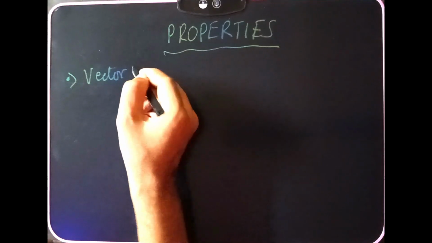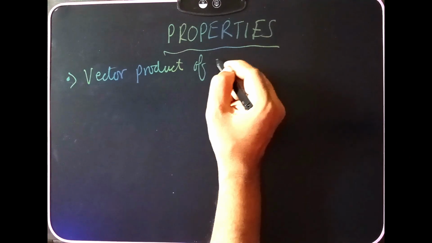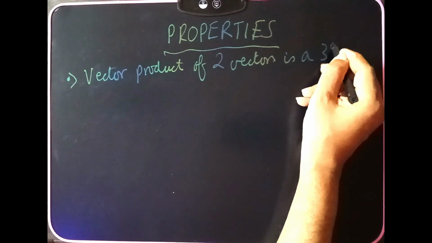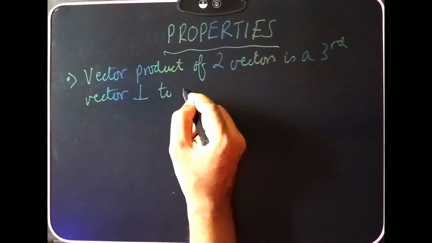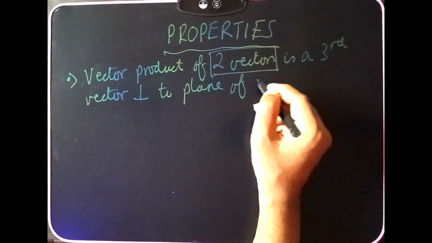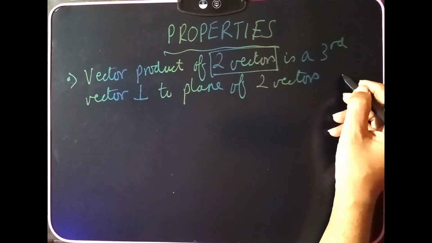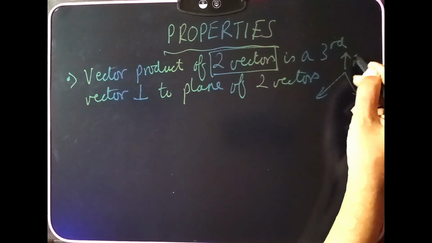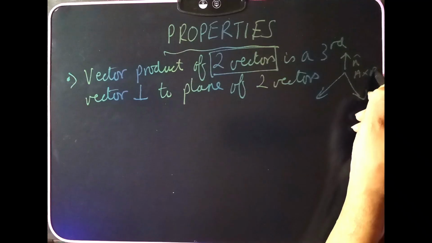The vector product of two vectors is a third vector, and this third vector is perpendicular to the plane of these two vectors. This we have seen with the right hand thumb rule, upward. This was n cap, and this is what is A cross B.